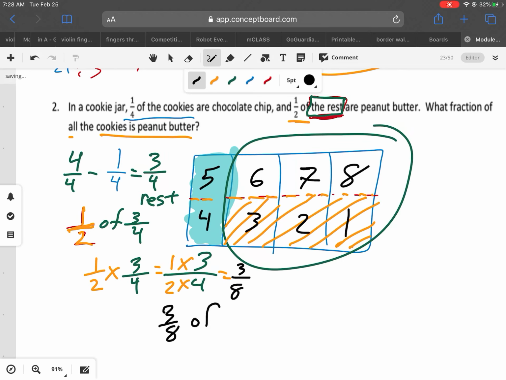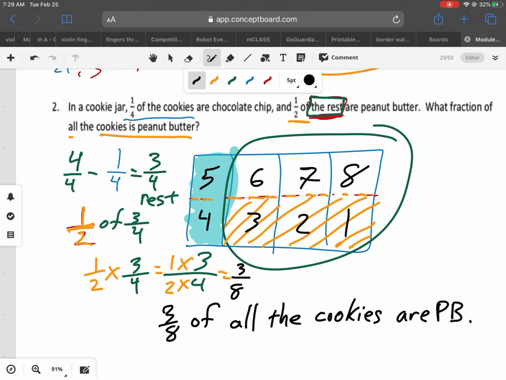Okay, so three-eighths of all the cookies are peanut butter.